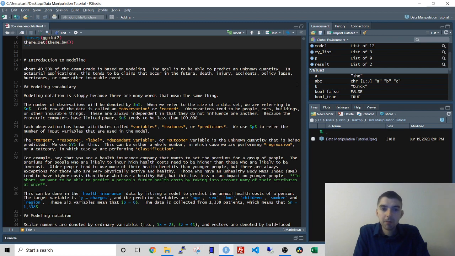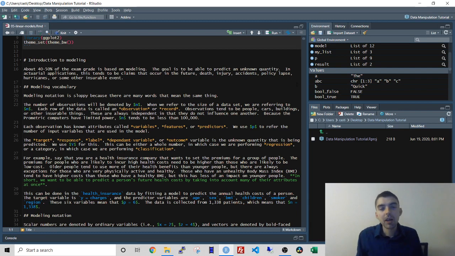The number of observations will always be the value of n, and the number of columns in the data will always be called p. This is also known as the number of features or the number of predictors.